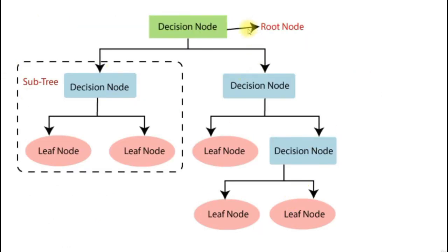By seeing this image you will get more clarity. This is the decision node or the root node. Now based on a certain if-else condition, we will split this decision node into two subtrees. So this is one entire subtree and this is another entire subtree. Now all these leaf nodes have the decisions made by these subtree structures.